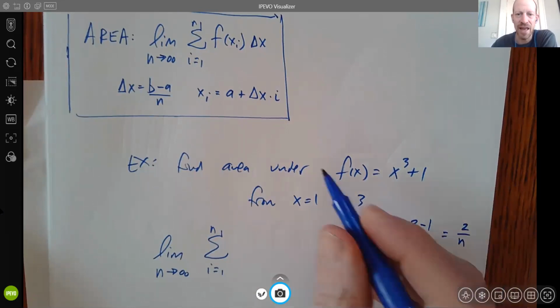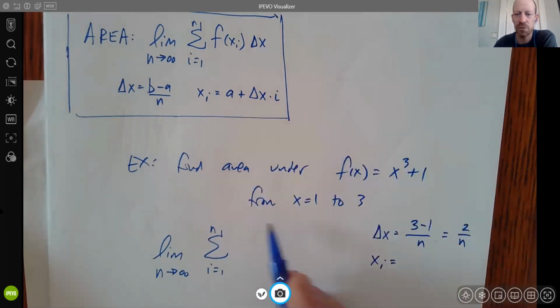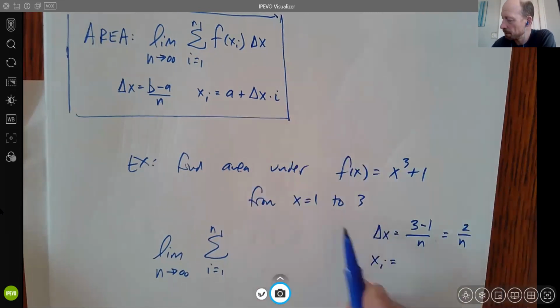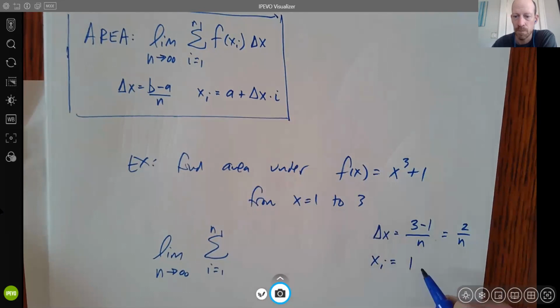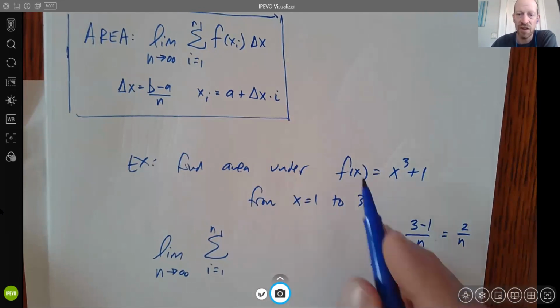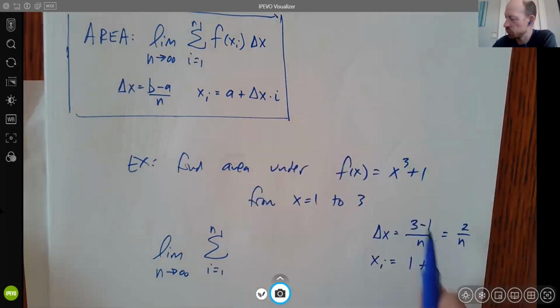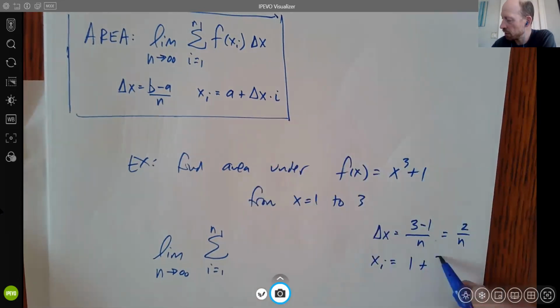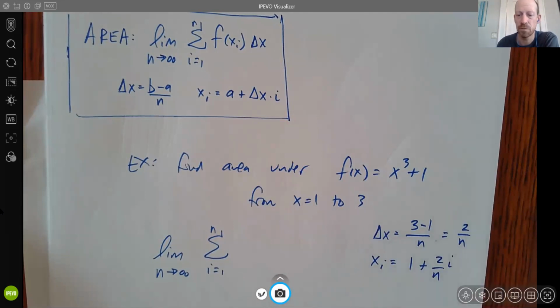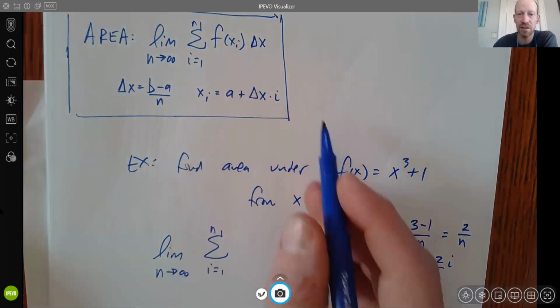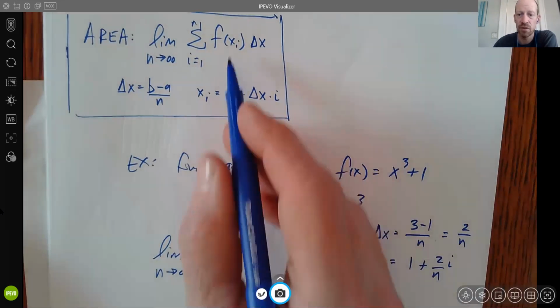x sub i is a. My a value is where I'm starting, which is at 1, plus delta x, which I found to be 2 over n, times i. So now what this tells me is that I'm going to put x sub i in place of x.